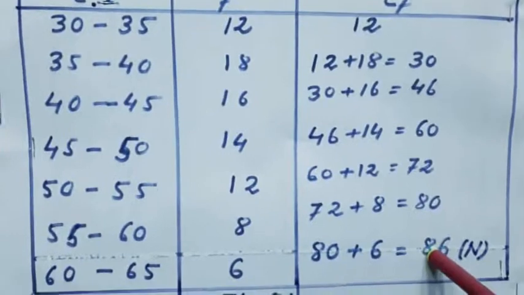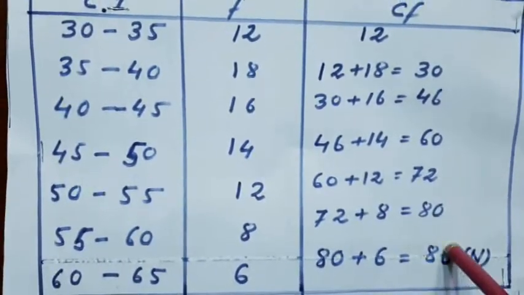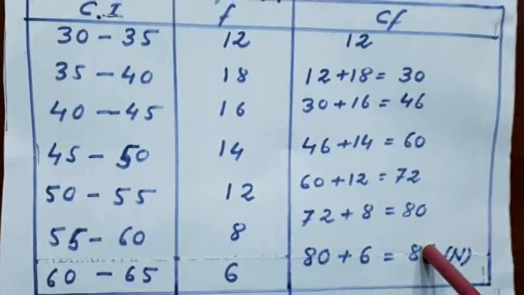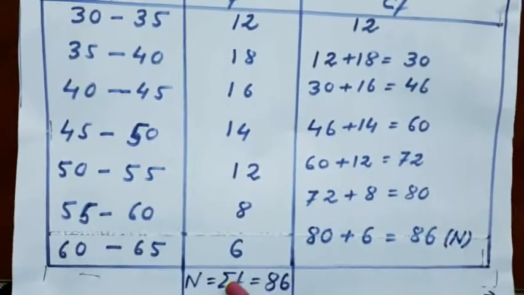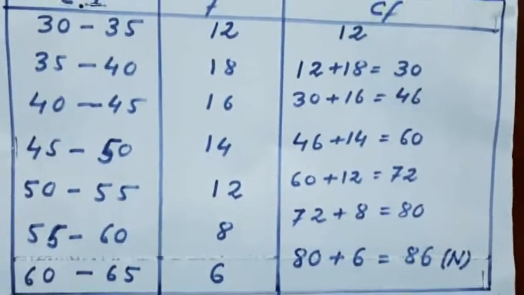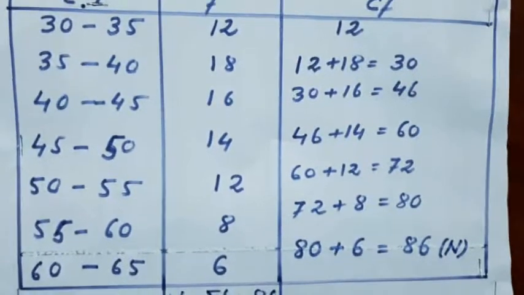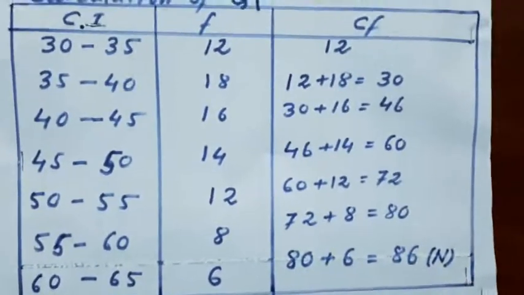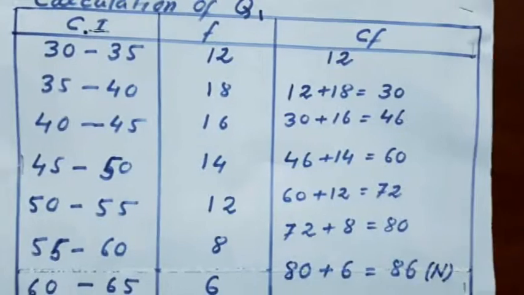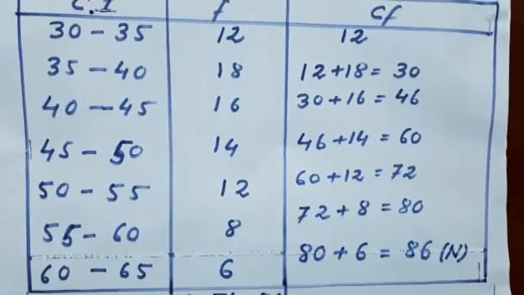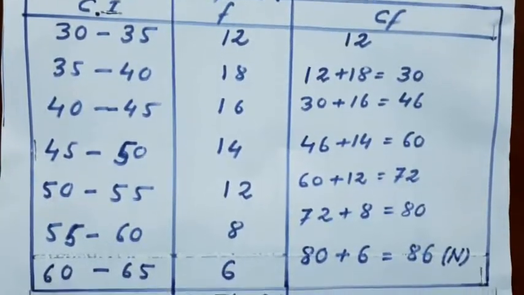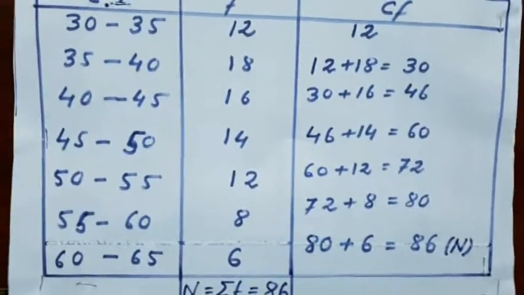It means 86 is the total observation, or the sum of frequency. This is the table. In this way you have to make the table.